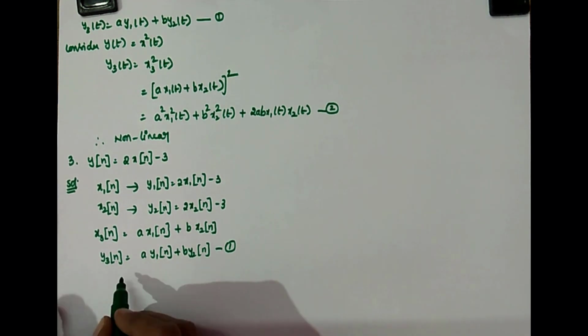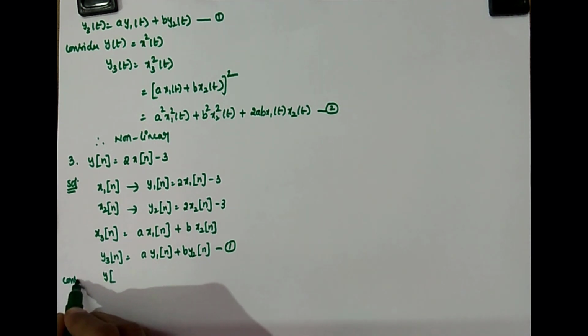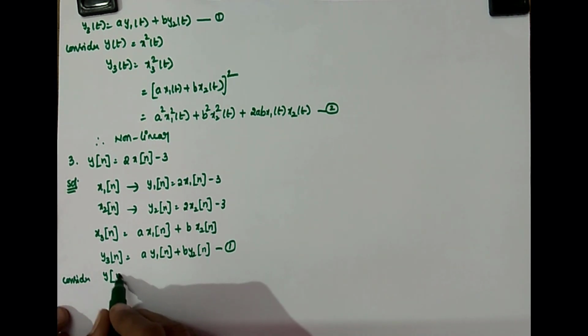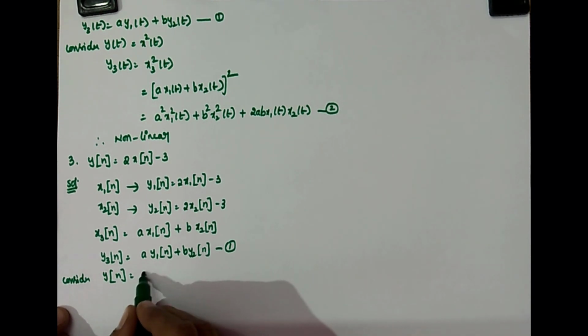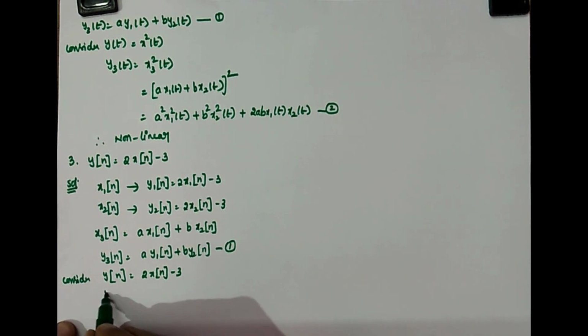Okay, now consider the system equation. Y of n, that is 2x of n minus 3. Then write y3 of n, two into x3 of n minus 3.